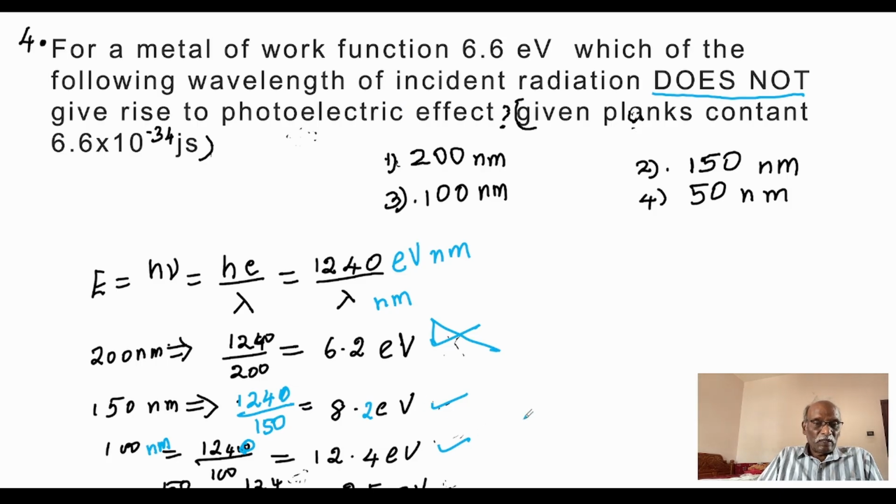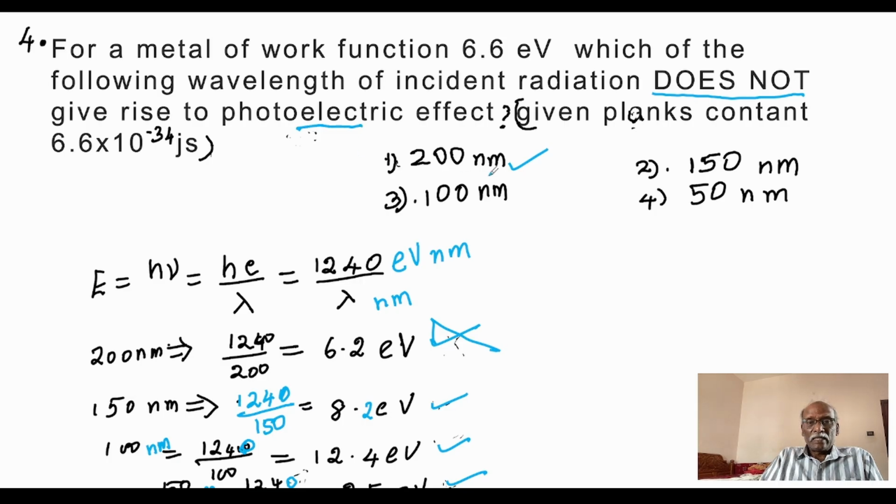Hence, it can produce photoelectric effect. Another case, 50 nanometer. As wavelength decreases, the energy is supposed to increase, and that's what happened here. 1240 by 50, we get 25 electron volt, which is much higher than the expected energy for photoelectric effect. And hence, the answer is the first one does not give rise to photoelectric effect.